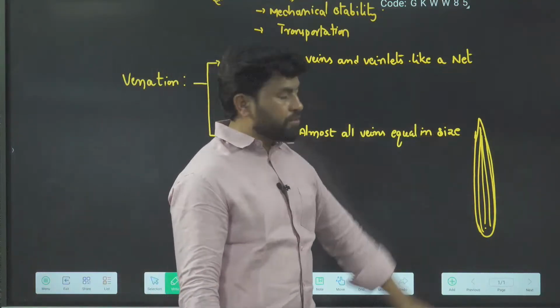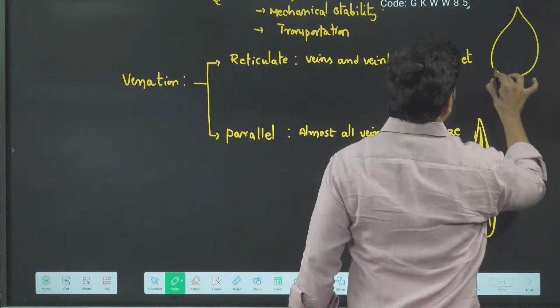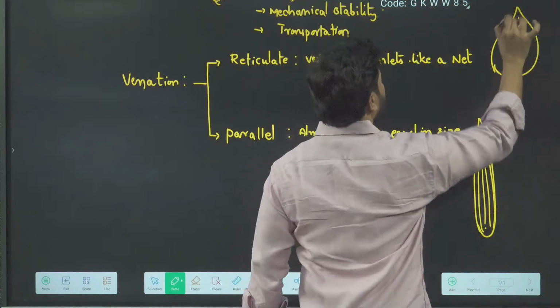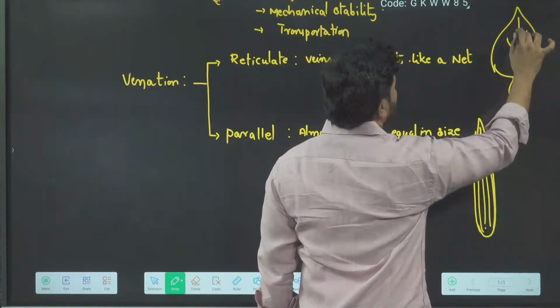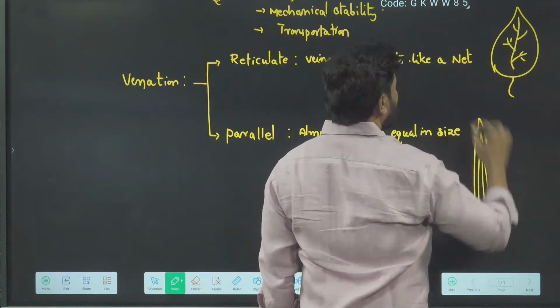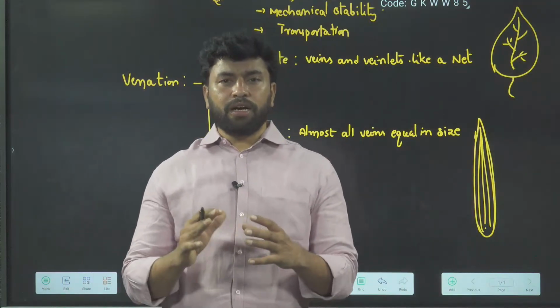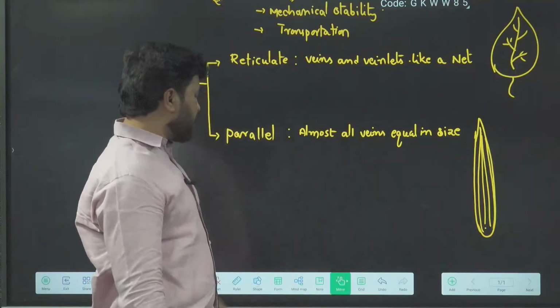But when it comes to reticulate venation, there is a mid vein which is the largest vein, and the mid vein produces many lateral veins. Lateral veins end up like veinlets. Altogether the arrangement of the veins appears like a network. This phenomenon is called reticulate venation.